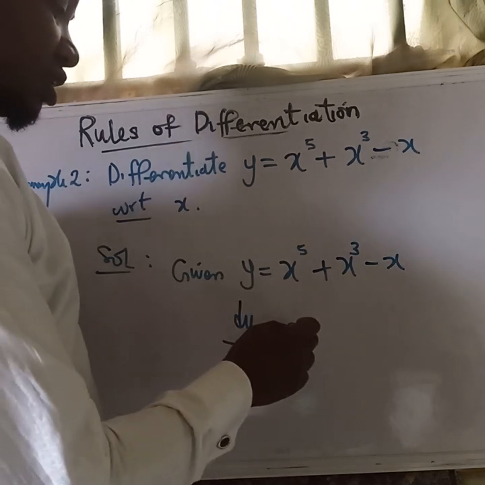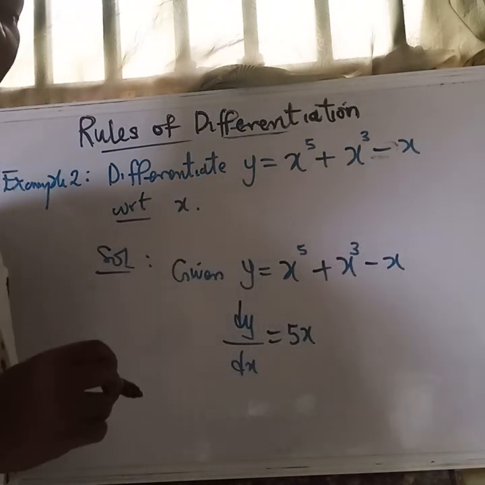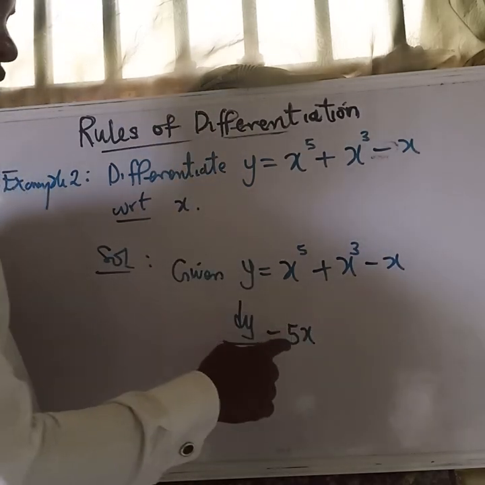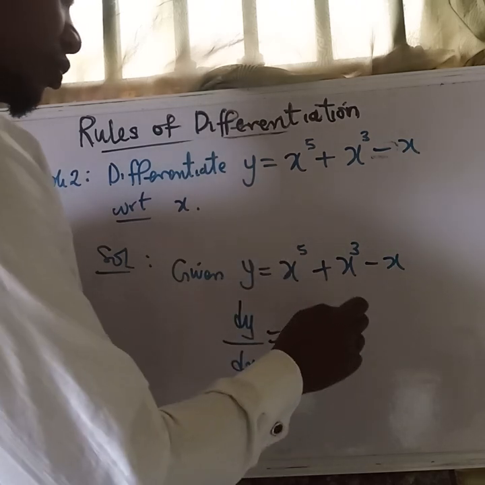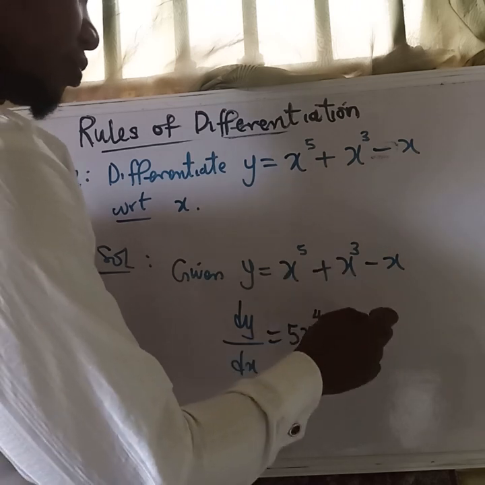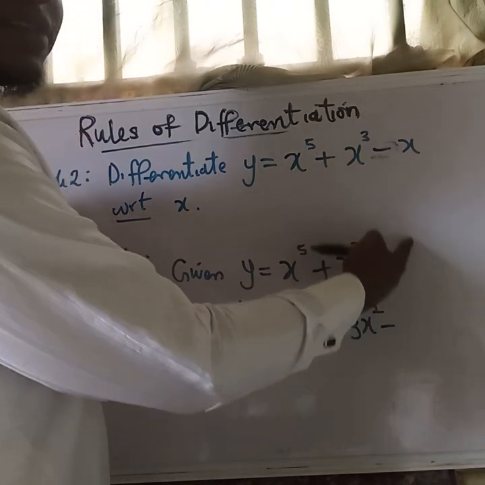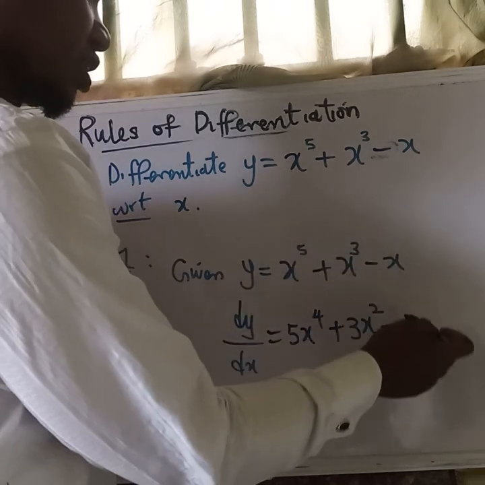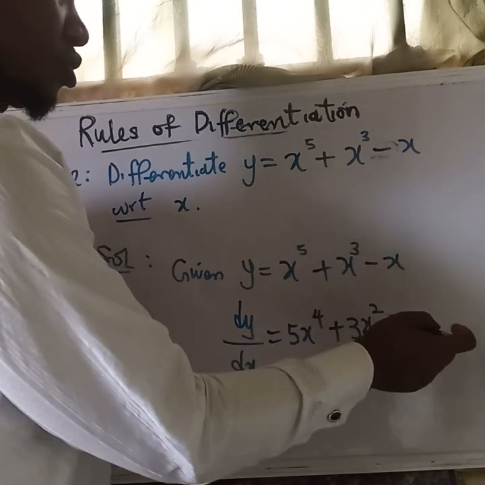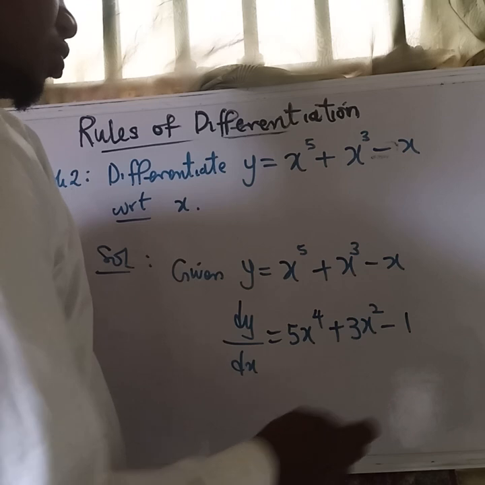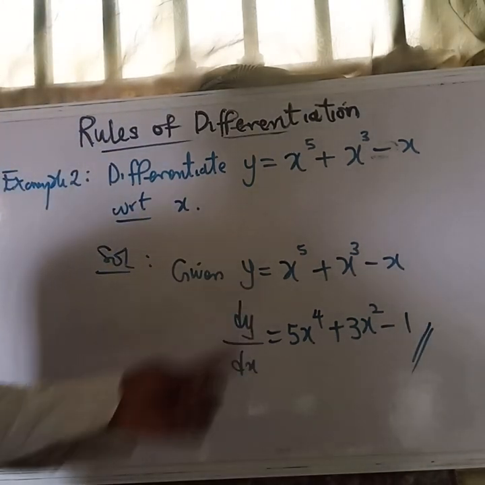Using the power law we described in our earlier video, the power comes down and we remove 1 from the power. Again, for the same power law, this becomes this. Since the power of this is 1, 1 comes down and then what will be here will be 0. So by the law, this is 1. So this is the derivative of this function.